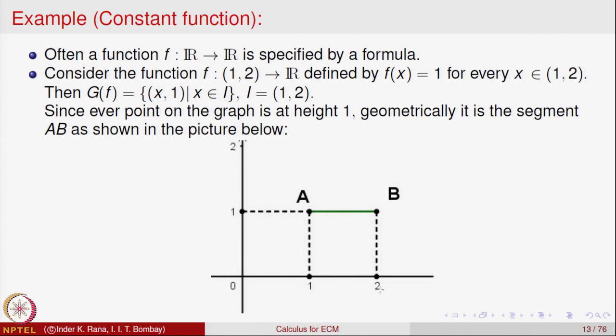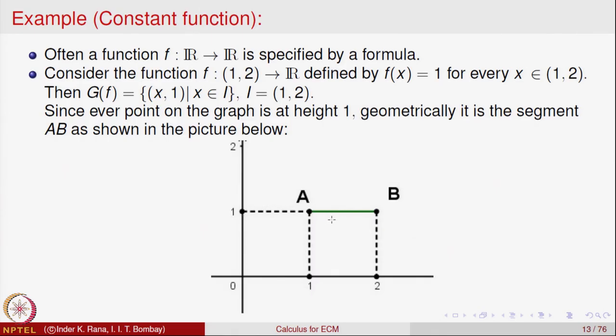For this function, the domain is the open interval (1, 2). So, what is the range? Range is the single point 1. Can you say this is 1-1? Obviously not, this is not 1-1 because all the points in the domain get mapped onto the same value 1.